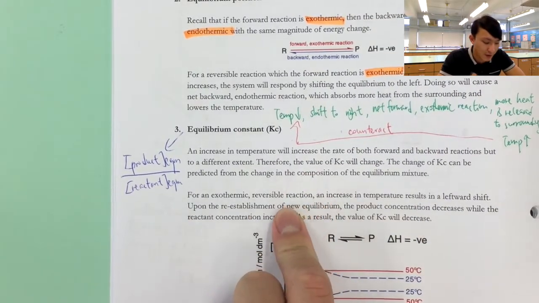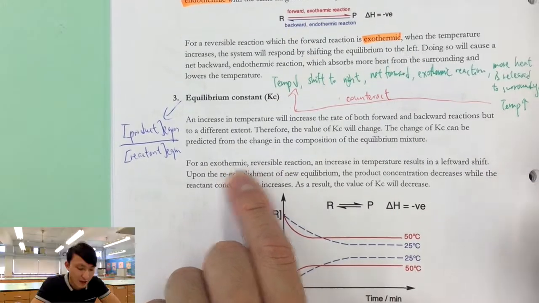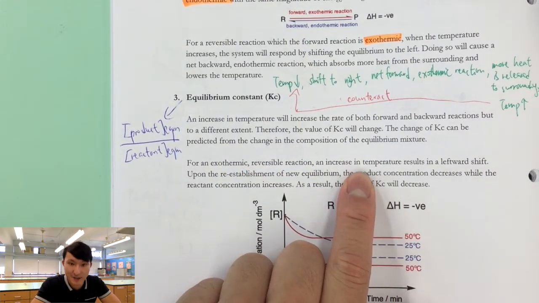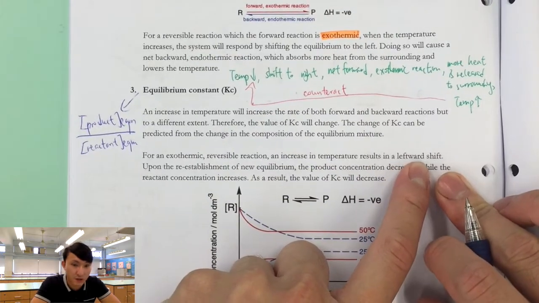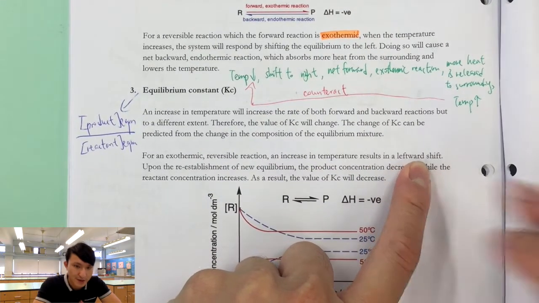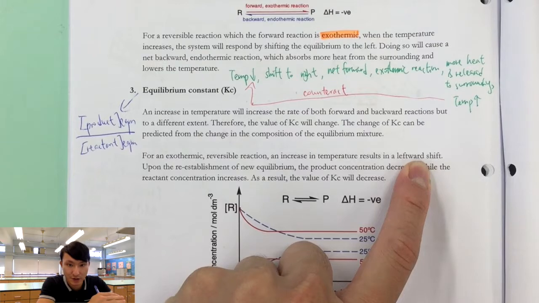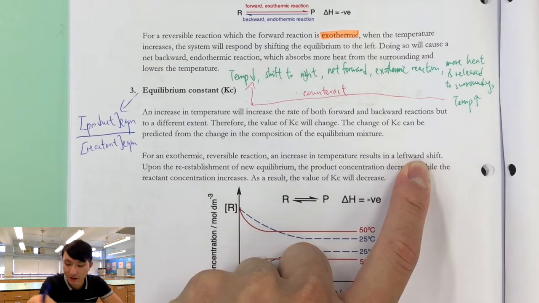If we have an exothermic reaction down here, an increase in temperature, like I said, will result in a leftward shift. So it shifts to the left. Okay? Now think about it. If you shift to the left, that means you will have more reactant, less product. Okay?